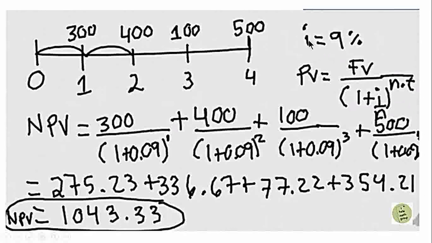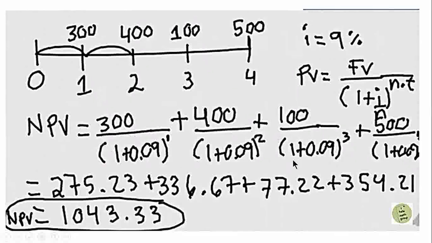In our case, the discount rate is 9% as we calculate the NPV. If you divide 9% by 100, you get 0.09. Once you add this to 1 and raise it to the power of time, this is year 1 for the first item, then this is year 2, year 3, and year 4.